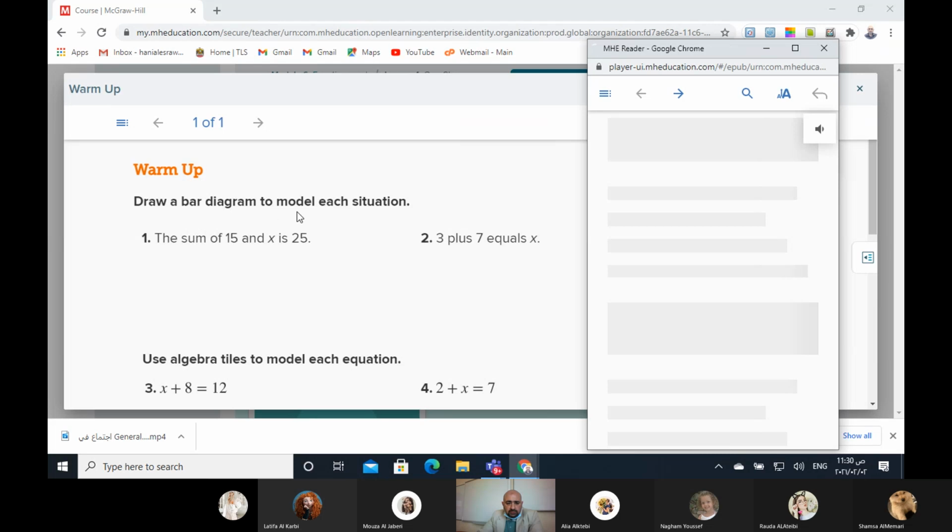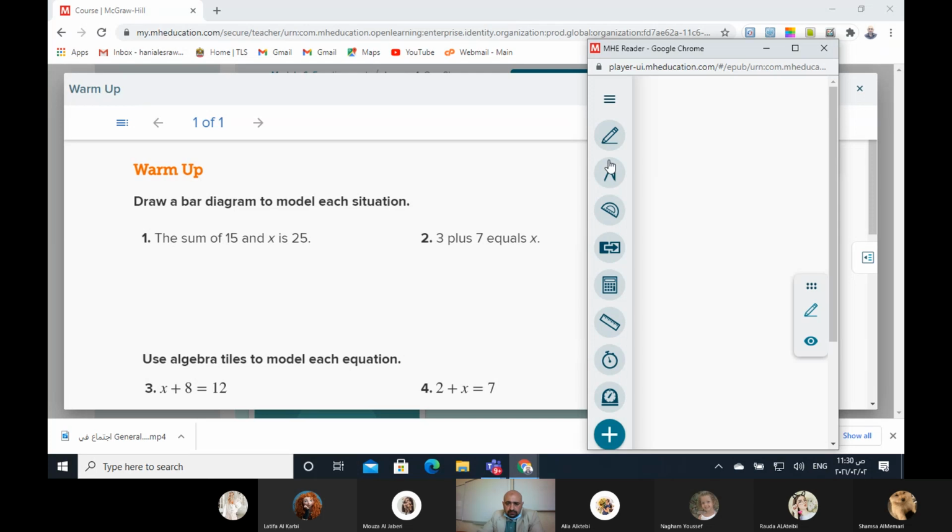Now draw a bar diagram to model each situation. The sum of 15 and x is 25. What's the meaning of the sum? It means we have 15 plus x equal 25.